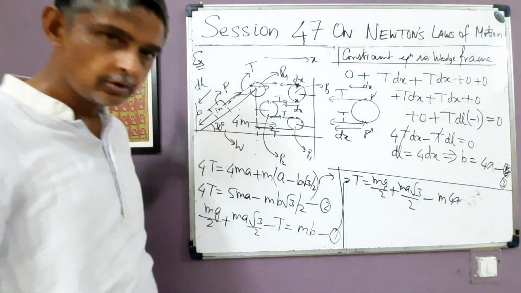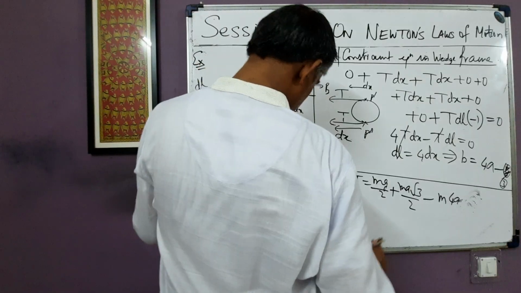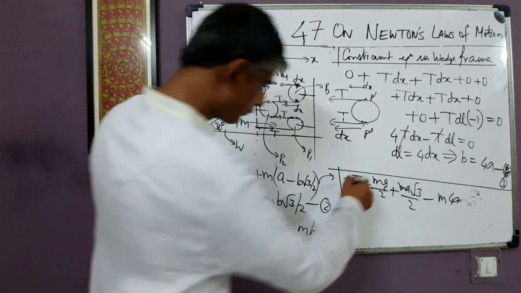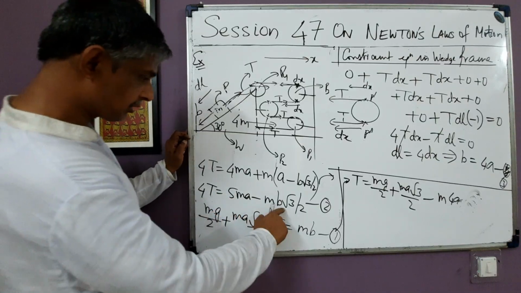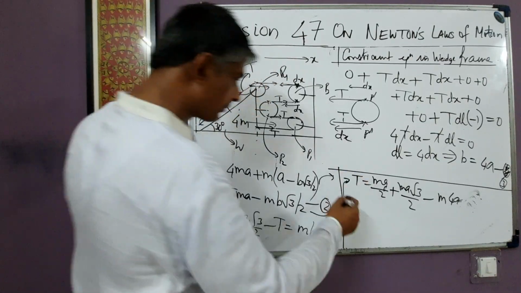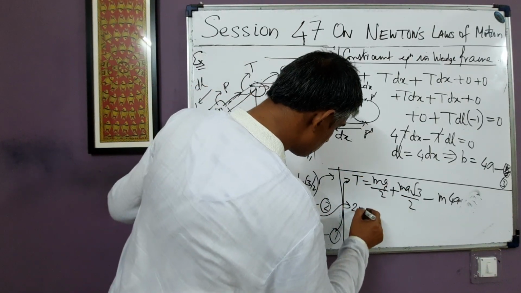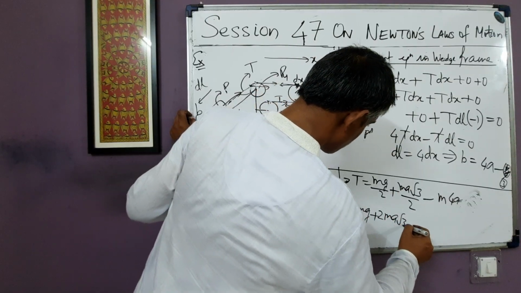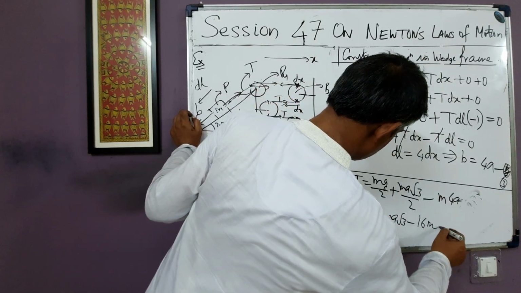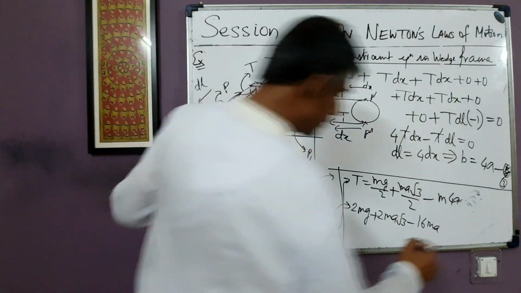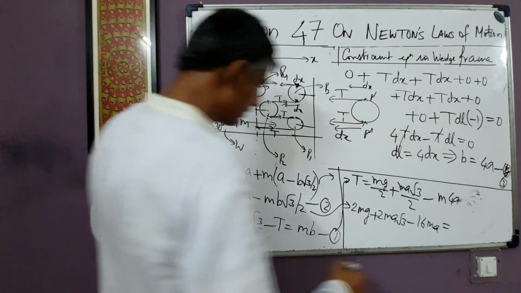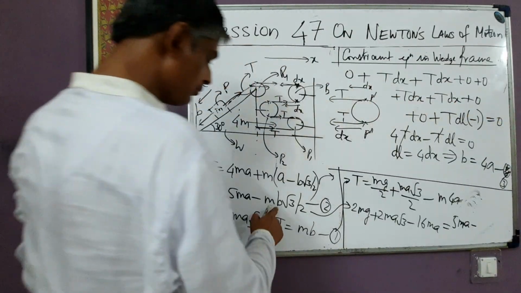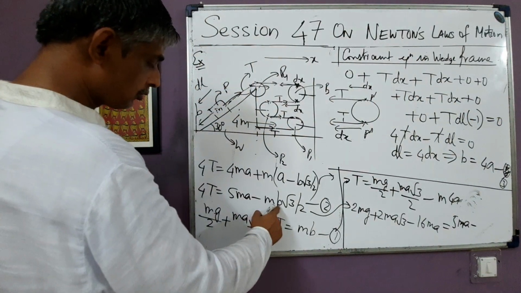This becomes T. Now this T, what I do, I substitute in this combined equation, and b I write as 4a here. So 4T is this much. In this equation I substitute 4T. So 4T becomes 4mg by 2, 2mg, plus 4ma root 3 by 2, minus 16ma. 4T equals 5ma minus mb, which also becomes 4a, so 2ma root 3.